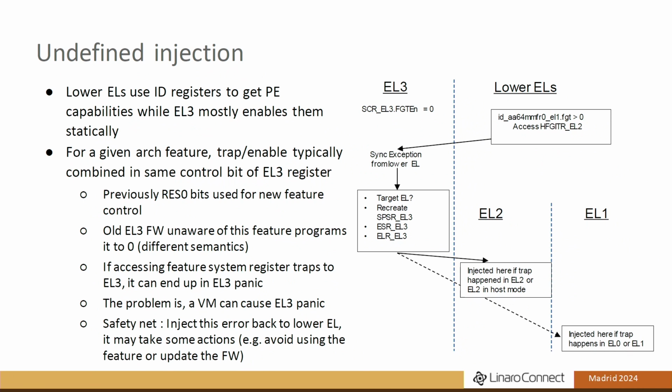mostly statically enabling all the features. And the chances, in a given product or project, of EL3 firmware being very old and the hypervisor or OS kernel being very recent.